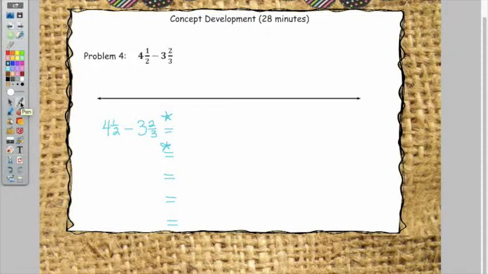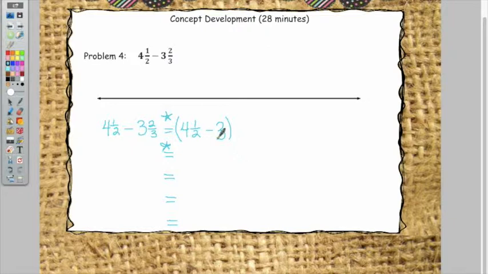Okay, so who wants to raise your hand if you can figure out what needs to go in this parentheses right here? George A. 4 1/2 minus 3. Good. That's what we'll write above our first bunny hop.